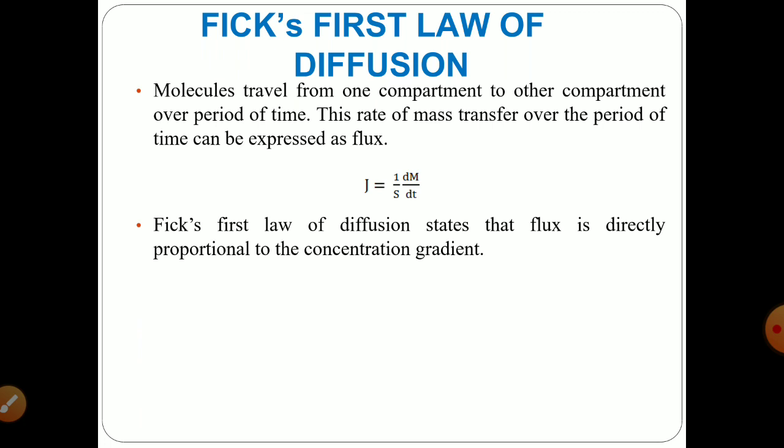Fick's law of diffusion states that the flux is directly proportional to the concentration gradient, means J is directly proportional to the concentration gradient. So the mathematical representation of the first law of diffusion is J = -D dC/dx, where J is the flux, D is the diffusion coefficient, and dC/dx is the change in concentration with distance.